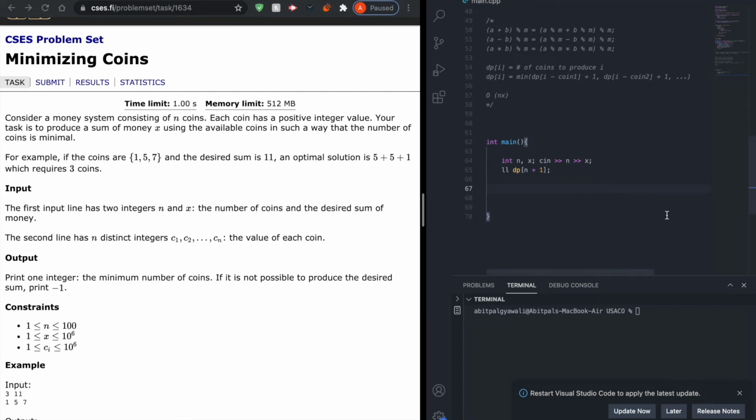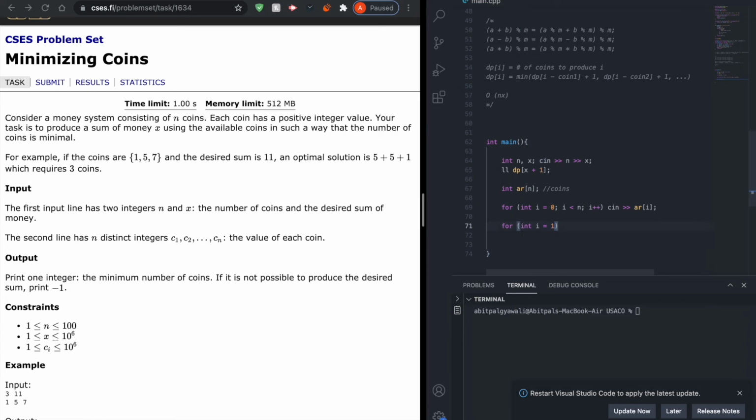We'll just do int r of n for coins, and instead of n, we will do x.